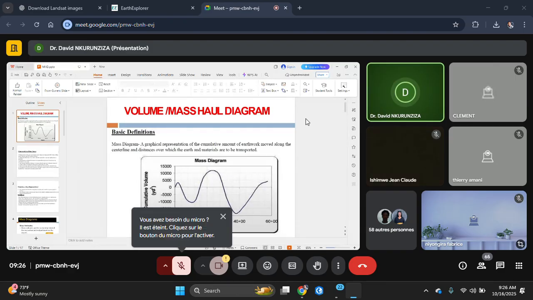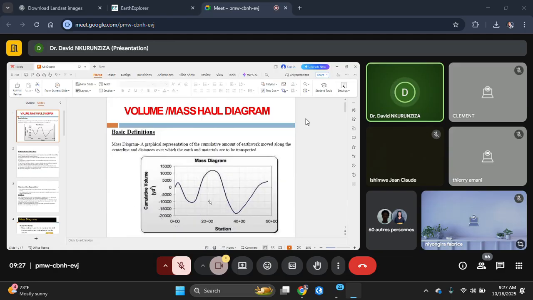For example, if you try to look on this curve, the rising section of the mass haul diagram, what is the rising section? For example, from here, going here, this is rising.